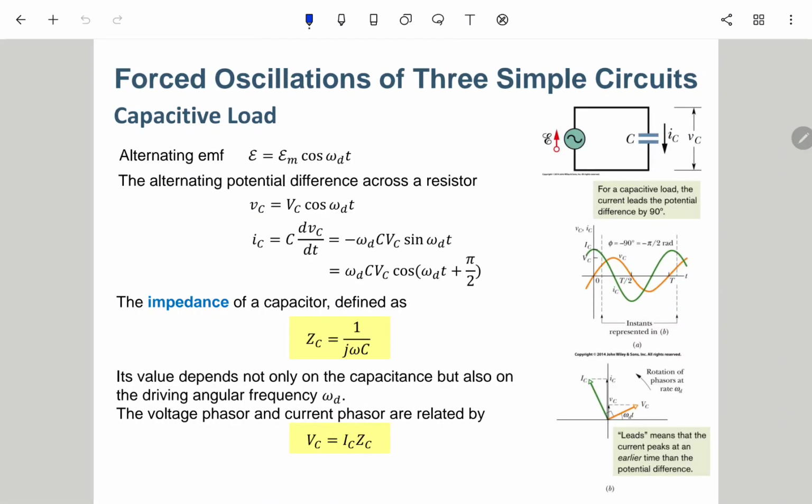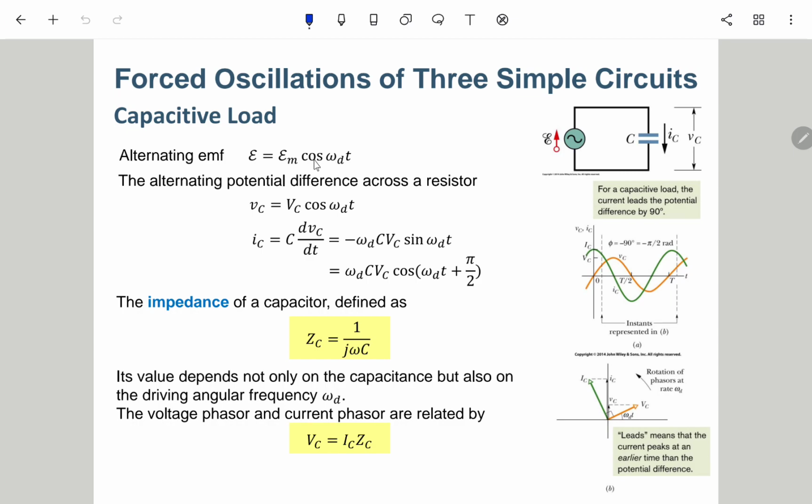But yeah. So for the second case, we have a capacitive load. Okay, so it starts to get something interesting. Here we are still connecting an AC source in series with a capacitor this time. This alternating EMF is still E equals EM times cosine omega d t.